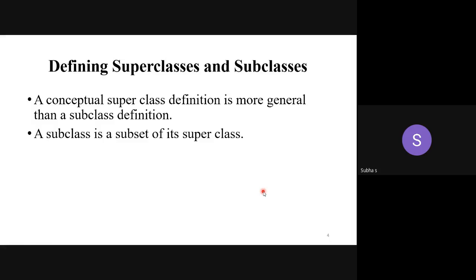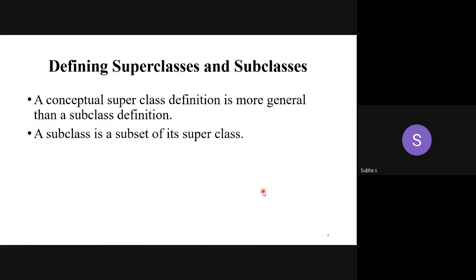No need to define the features again and again. So I can use the features of one class through inheritance. The class from which I am inheriting is called the parent class or base class. The class which is inheriting those features is called the child class or derived class. Parent and child, or base class and derived class.